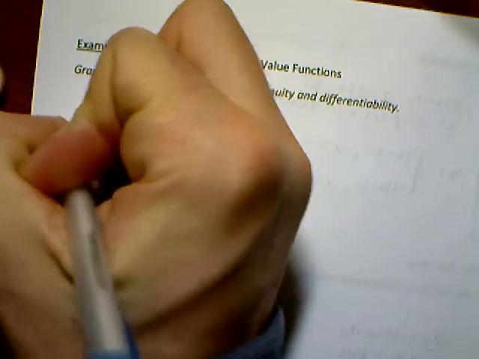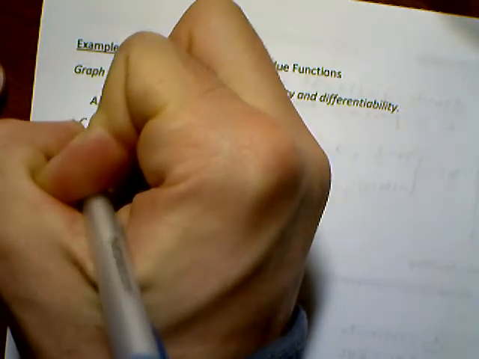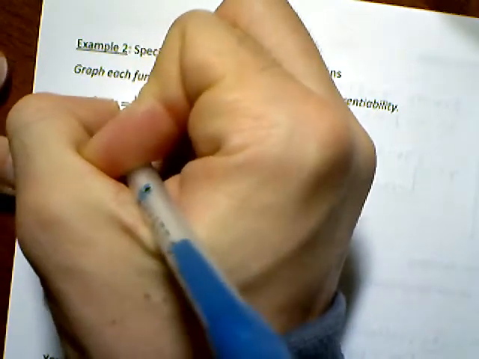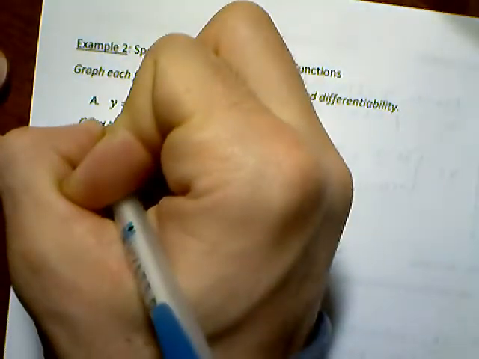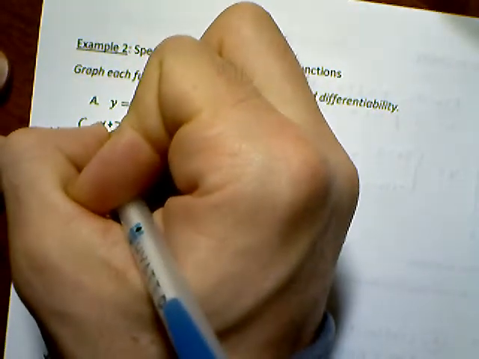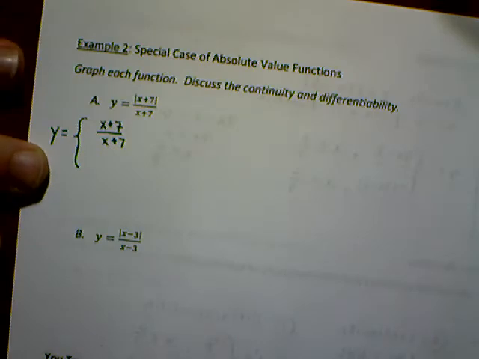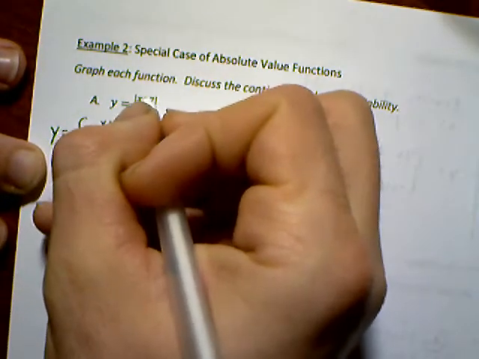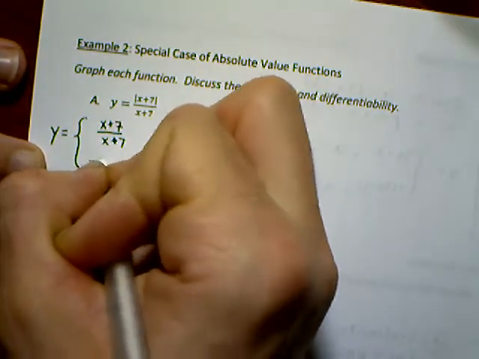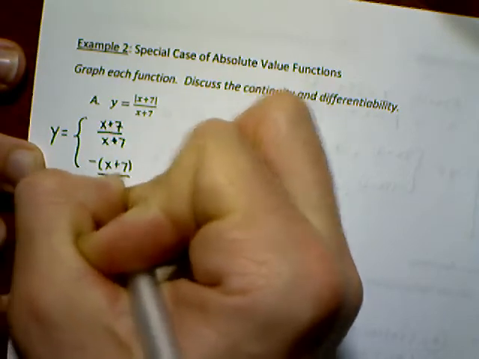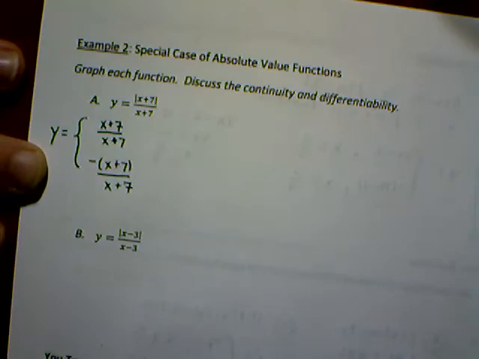So I'm going to say y equals, just take the positive version of this, so x plus 7 over x plus 7. And then I'm going to take the negative version of that part of the absolute value, so negative quantity x plus 7 over x plus 7.